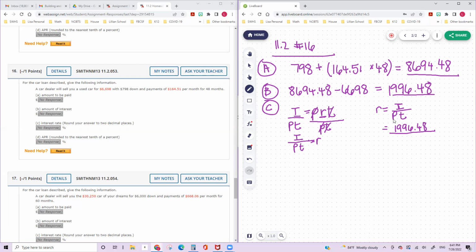Now, in the principal in this particular case, to find this rate, they're going to only use the part that you financed, which is actually 6,698 minus 798. Okay, so that was our down payment.